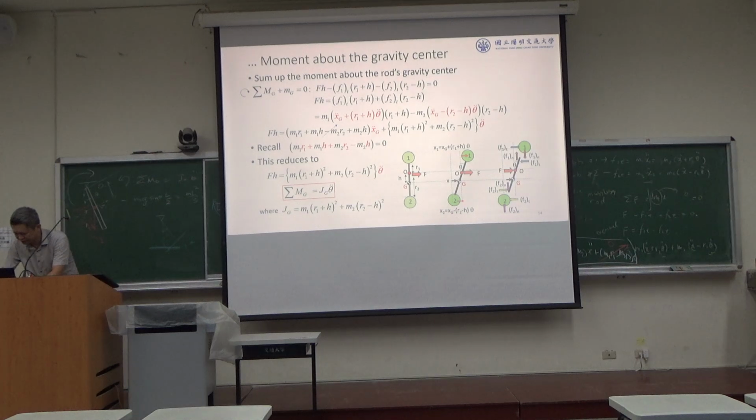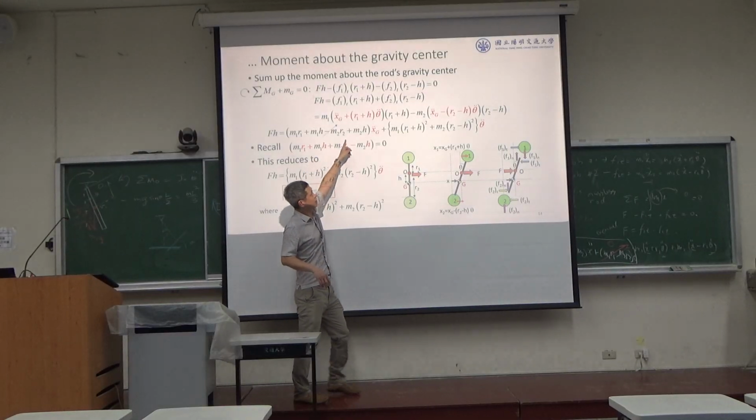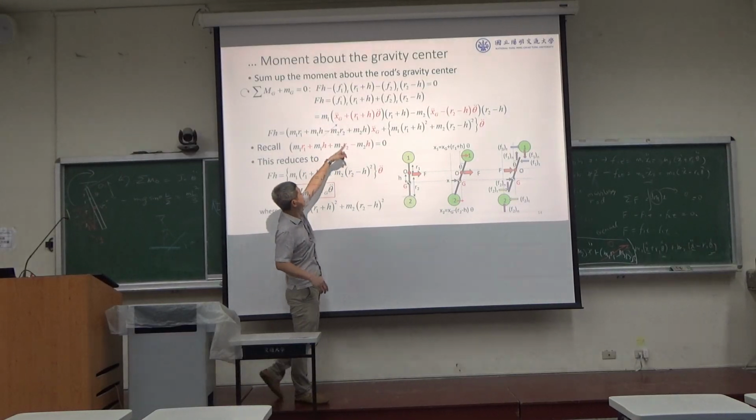So with this, then you have minus top tangential force times the moment arm, which is R1 plus h, and then minus tangential force at the bottom bob times the shorter moment arm, which is R2 minus h. If you now do the substitution of the tangential force as we did before, then you come to the expression here, the red color thing, right?